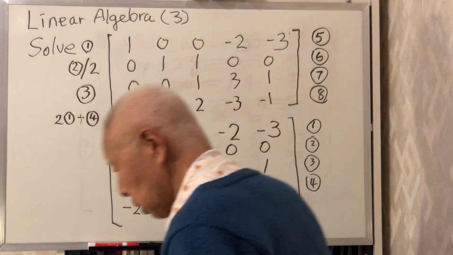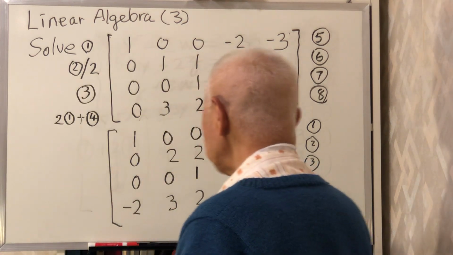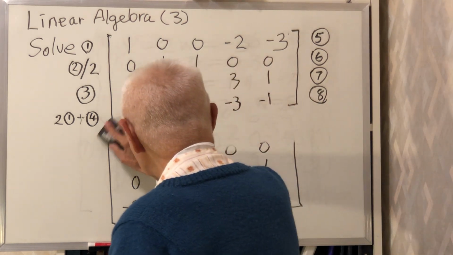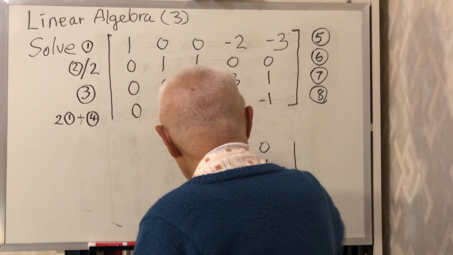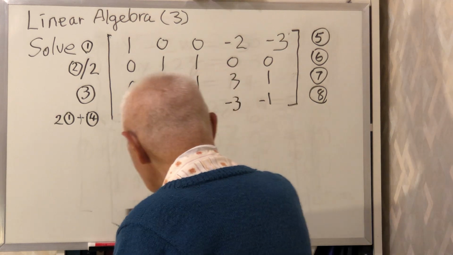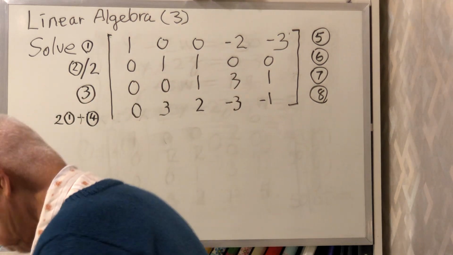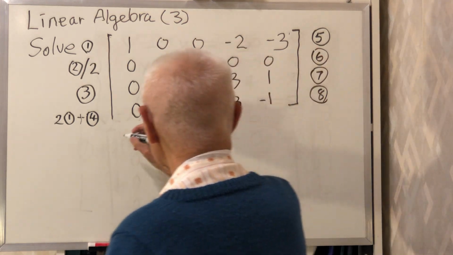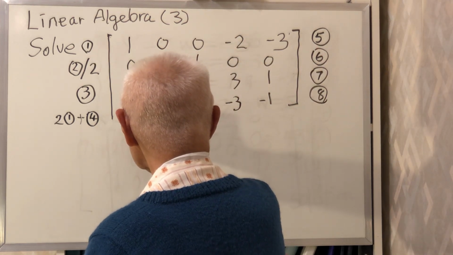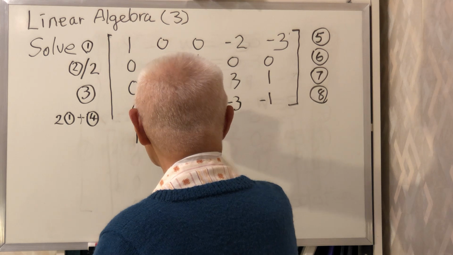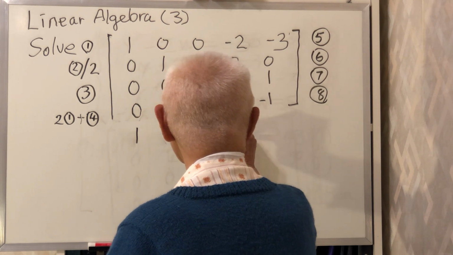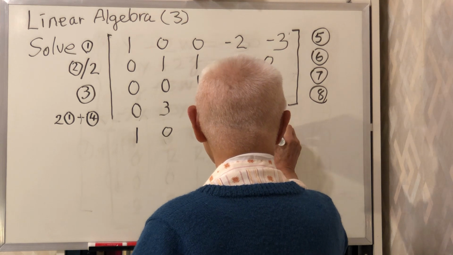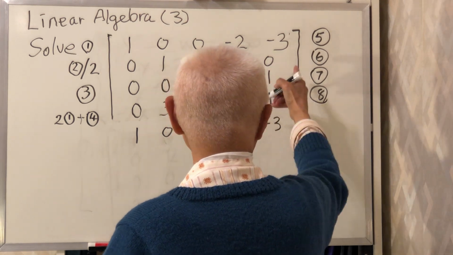Sorry, I have to erase again. Okay. Keep the row 5. Keep this.